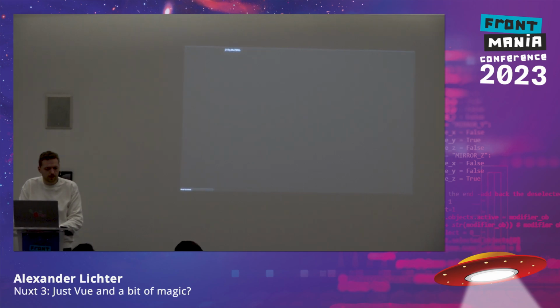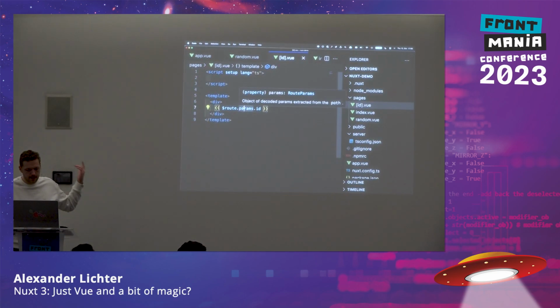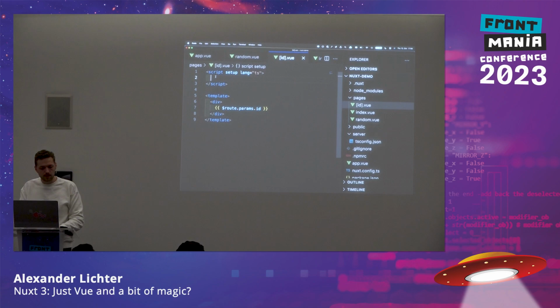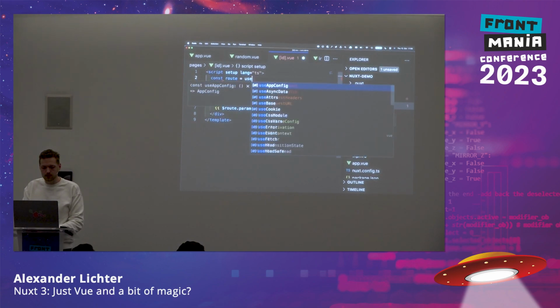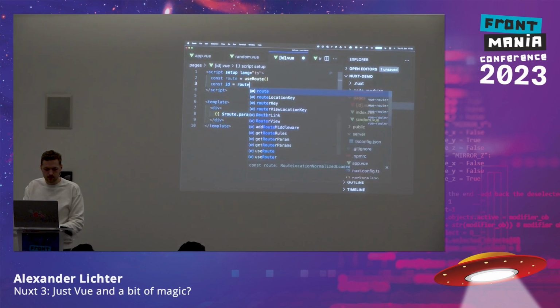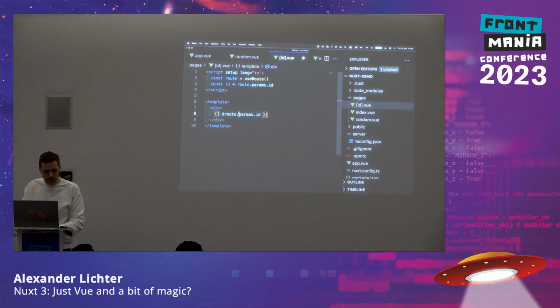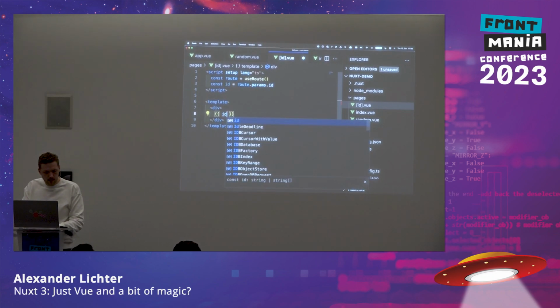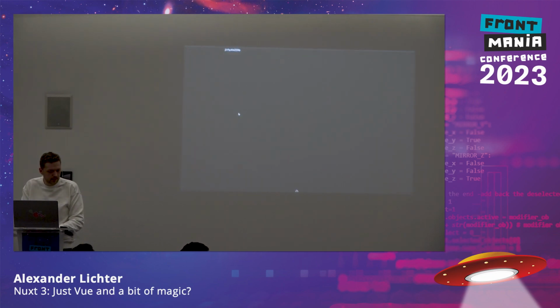We don't do anything with that, we just output it. And now we want to use it. So what we saw before, we can do const route is useRoute to get the current route. And then, of course, we can say const id is, for example, route.params.id. And then we can say ID. That's the same. Great. We just did the same with a few more lines.